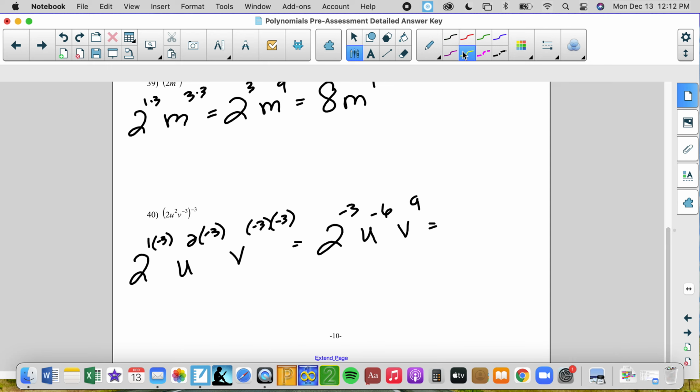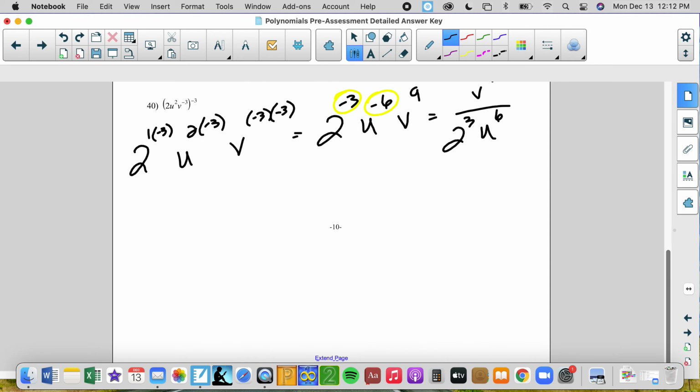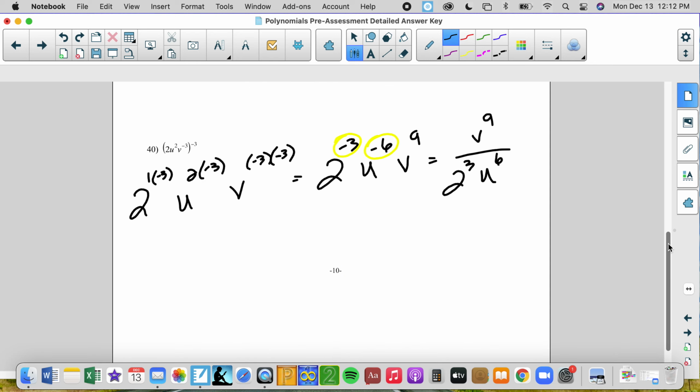Now I'm going to get rid of this. I'm going to change that. That means it goes into the denominator. I'm going to change this. That means it goes into the denominator. And then my v to the ninth stays in the numerator. I can simplify 2 to the third. That still equals 8. So we have v to the ninth over 8 u to the sixth.